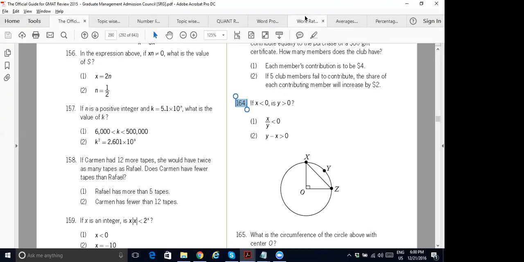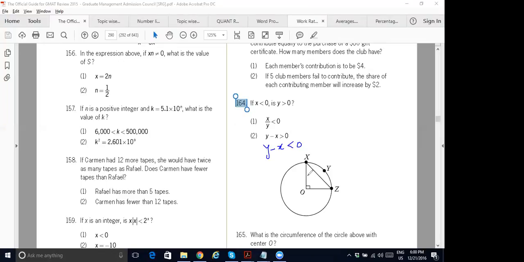Now, the best way to solve questions like these is on the number line. So before we discuss that, what is the answer if y minus x is less than 0? Okay, and x is a negative number. So then y has to be greater. Why? Because the value of minus x becomes a positive number.